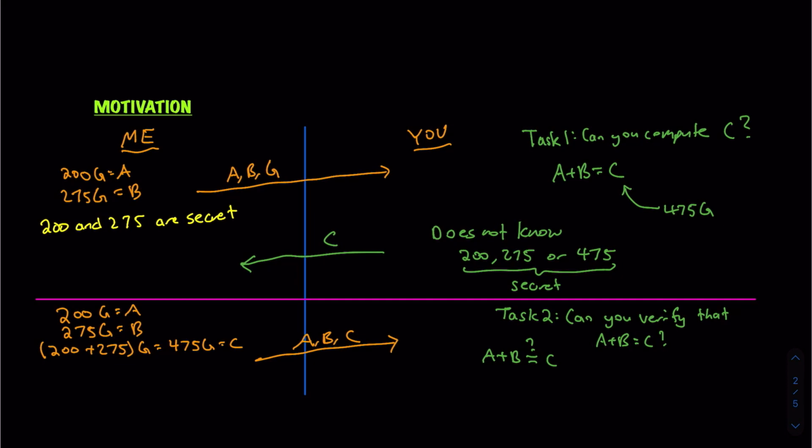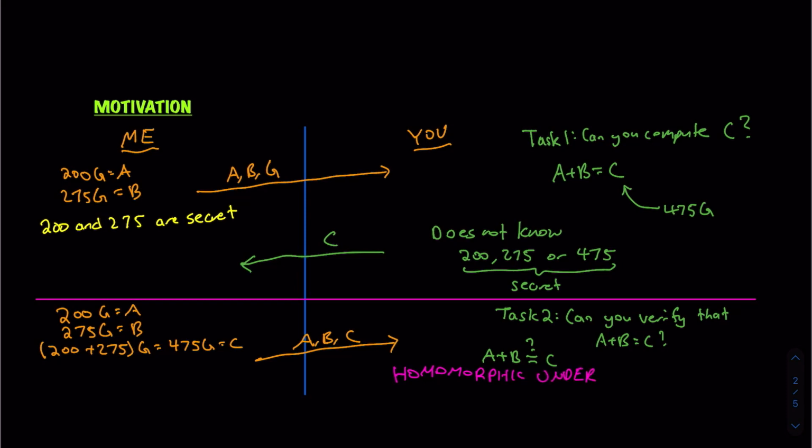This is the second use case. Hopefully this amazes you like it did me. Now note that if we did the same exercise with real numbers instead of elliptic curve points, you would be able to find out my secret values because there's no hardness of discrete log problem for that. Wow. So the fact that elliptic curve groups are homomorphic under addition is what allows us to do this.